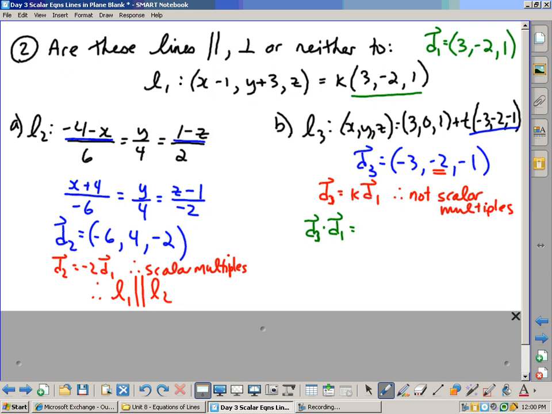So we can quickly do a dot product. We'll just do it right here. We multiply the x's, the y's, and the z's. It doesn't matter if I'm doing D3 dot D1 or D1 dot D3.